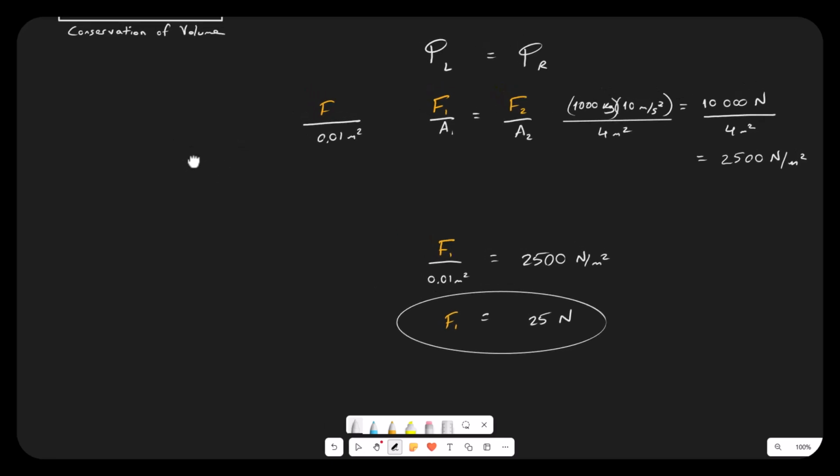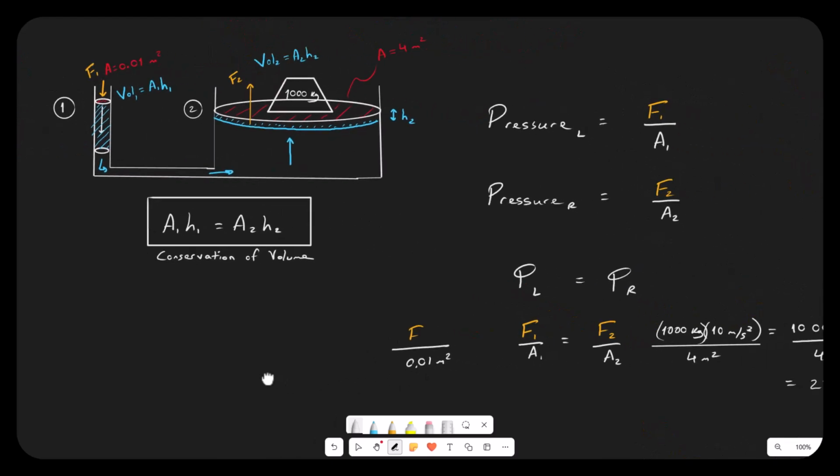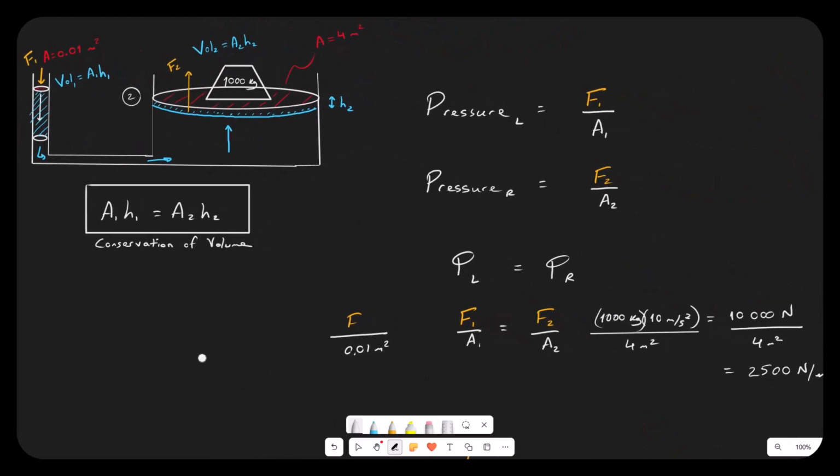You have a 5 or 6 pound block on the left side, and you can lift a metric ton on the right side. This is something that we do with hydraulic lifts and jacks, things like that. On the right side, maybe we want to lift a car, but we don't want to apply a car's worth of force.